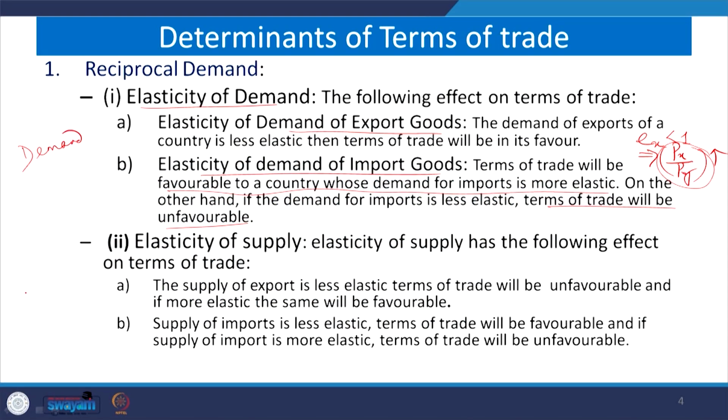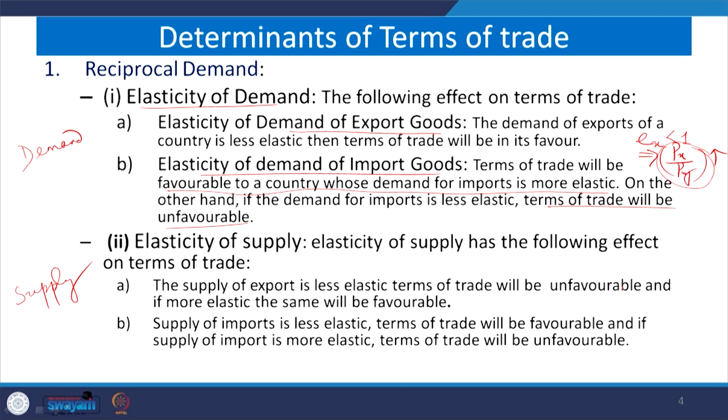What about supply? If the supply of exports is less elastic, the terms of trade will be unfavorable.